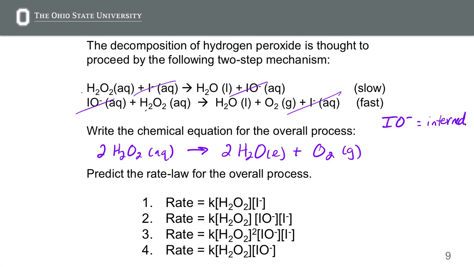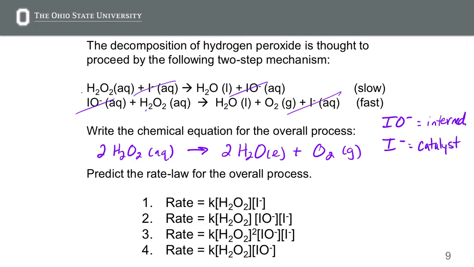What about I minus? It shows up as a reactant, and it reacts, and then it shows up in a product in the second reaction. Basically what that's saying is that it isn't consumed during the reaction. And so that means it's a catalyst.